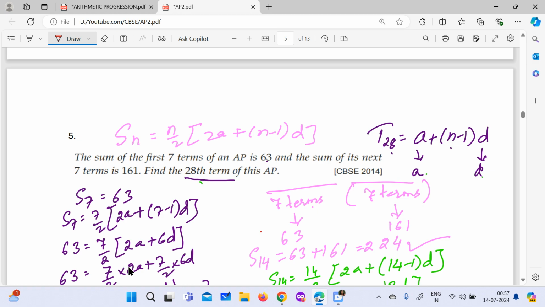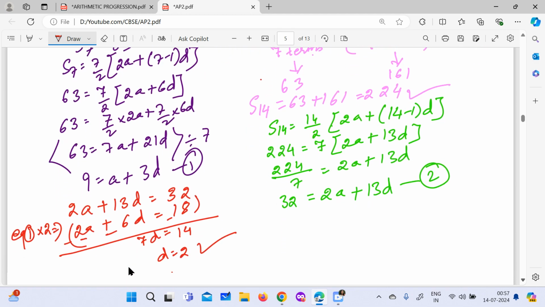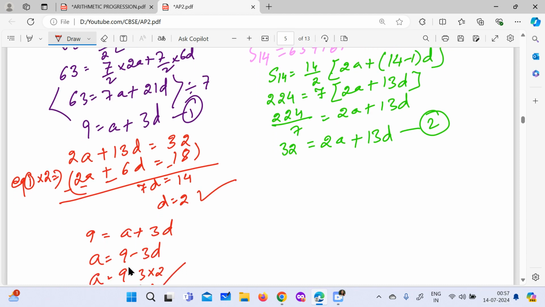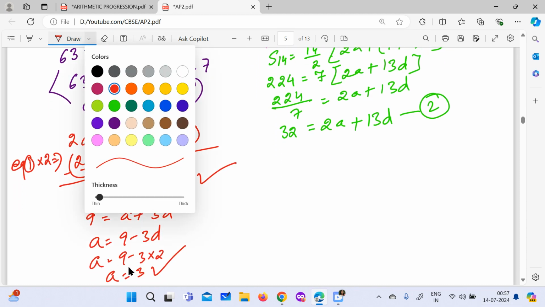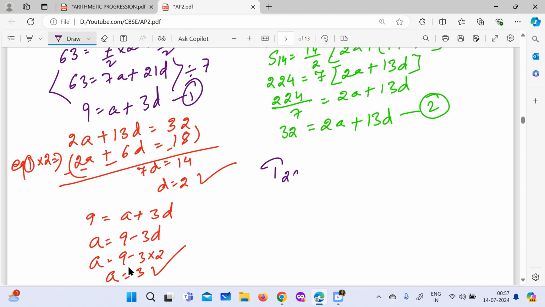To find the 28th term, we will substitute in this formula: nth term equals a plus n minus 1 times d. So a is 3 plus, n is 28, and the difference is 2.